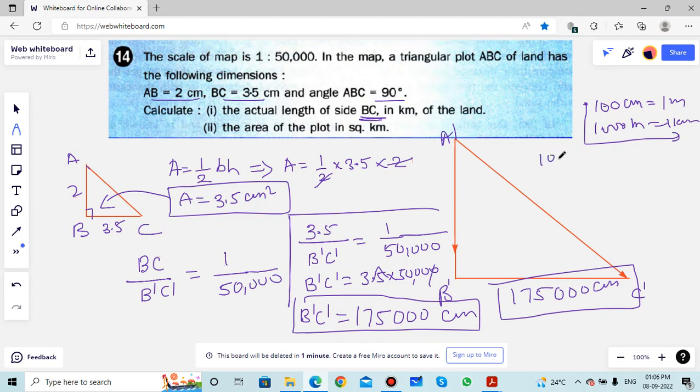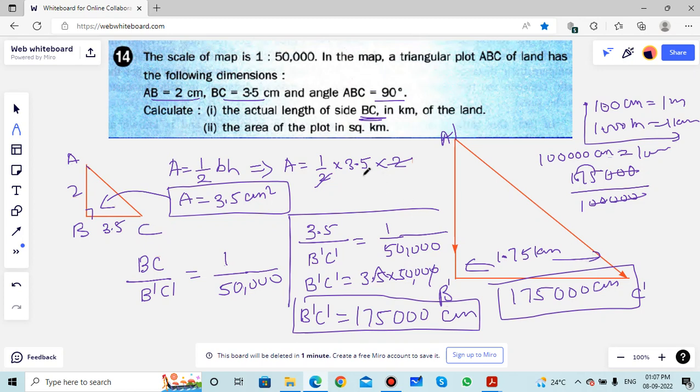So it means these many zeros of centimeter will make 1 kilometer, so you have to divide by this much. 175,000 has to be divided by 5 zeros, 3 plus 2 is 5. So 3 zeros got cancelled here, and the decimal will come here. So it will be 1.75 kilometer. This is the actual length.